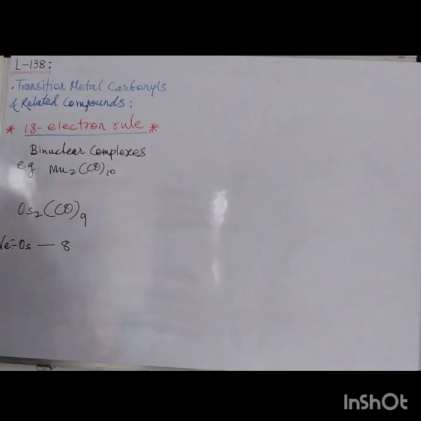Then there are carbon monoxide terminal carbon monoxides. So each will contribute. We are taking here half of this, means 9 electrons are there.